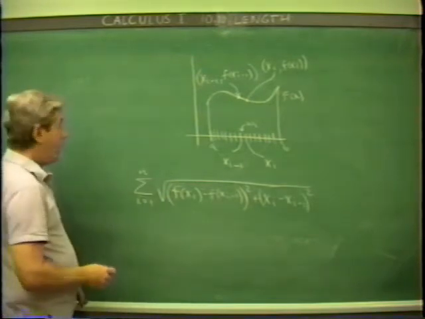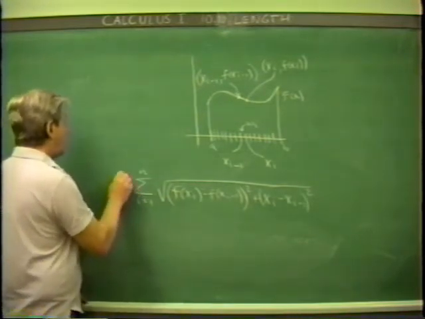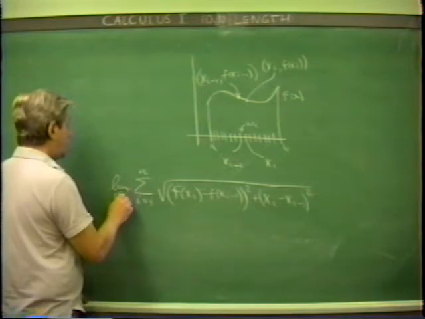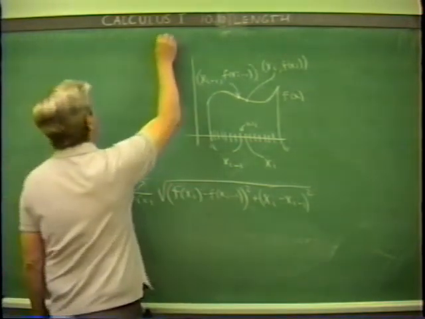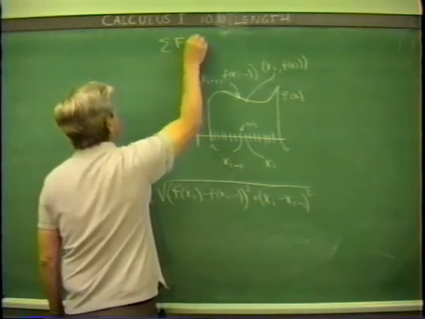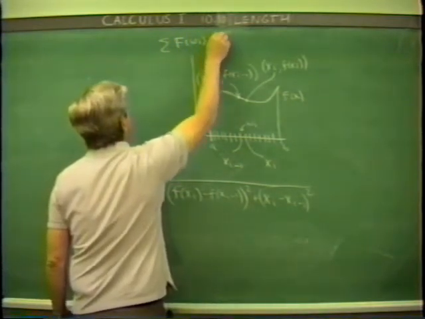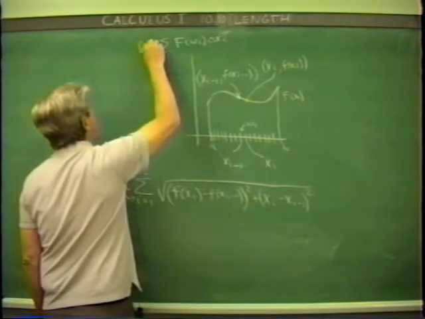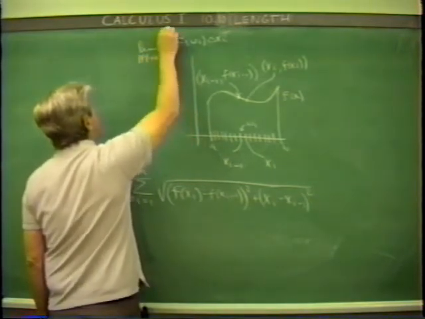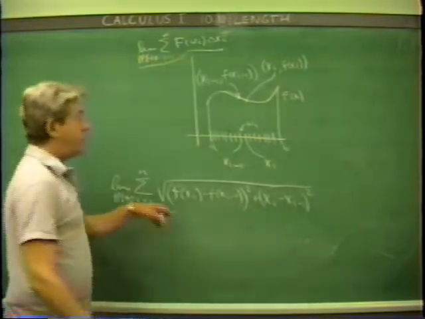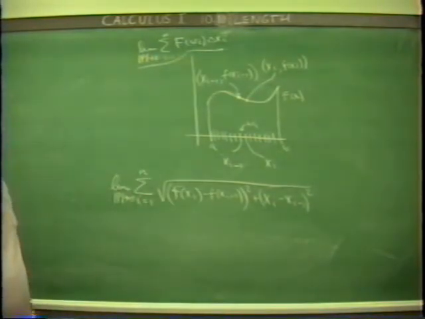And to get the entire length, approximately, we would want to sum this up, i going from 1 through n. If we wanted more accuracy, we would want to take the limit as the norm of the partition goes to 0. But now this is not of the form summation f of w_i delta x_i and then a limit as the norm of the partition goes to 0. We'd like it to be, but it's not.